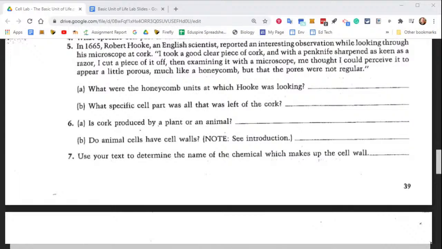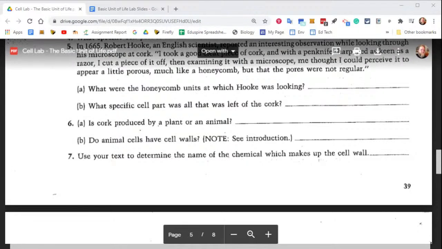And then the last one says, use your text to determine the name of a chemical which makes up the cell wall. I know in my classes, I talked a little bit about this during the carbohydrate portion of our chemical basis of life. So it is a carbohydrate. It is a large carbohydrate, so it ends in ose.